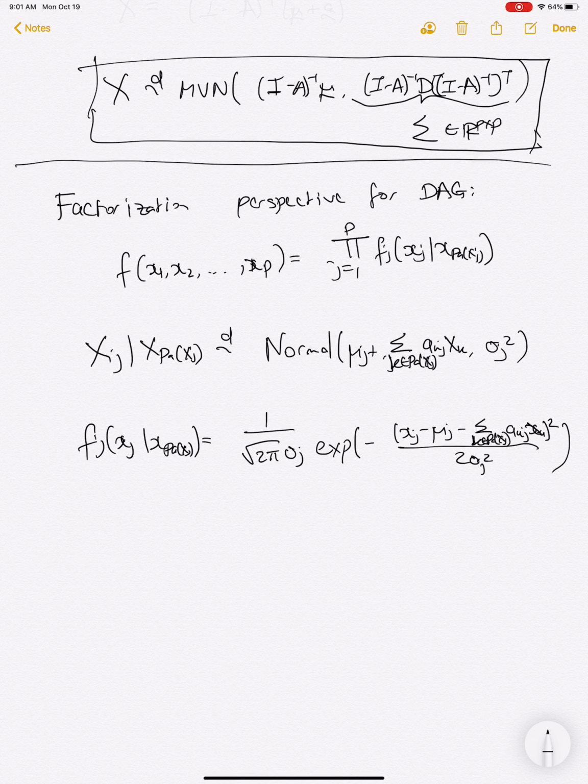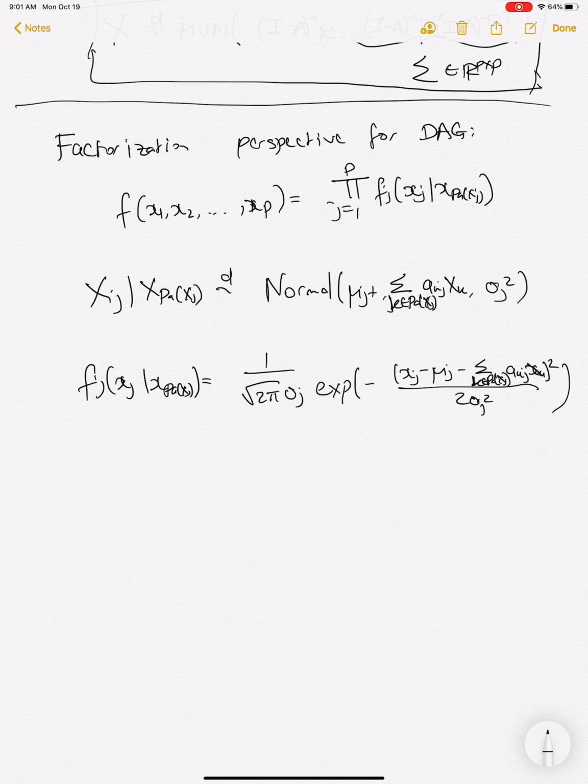okay, so this is the distribution, because it's going from here to here. We're just using the formulas for the conditional PDF of a normal.